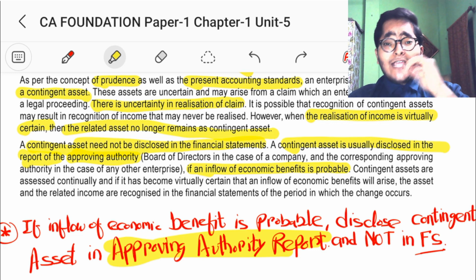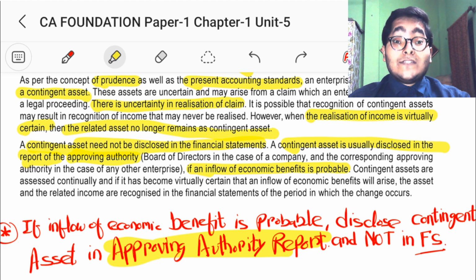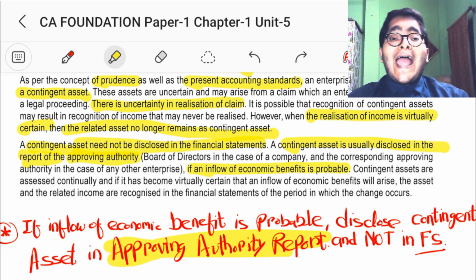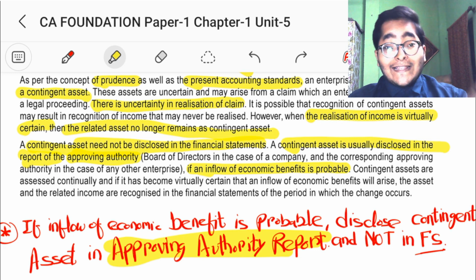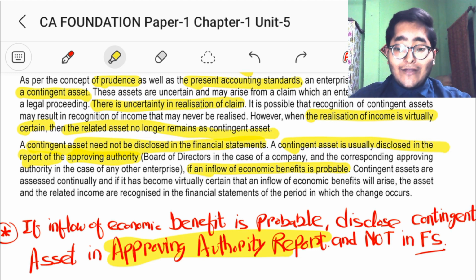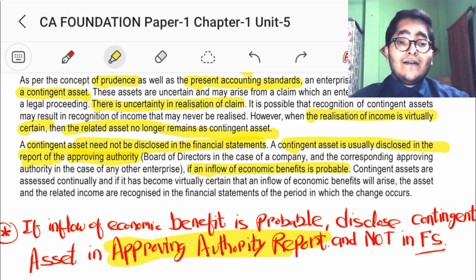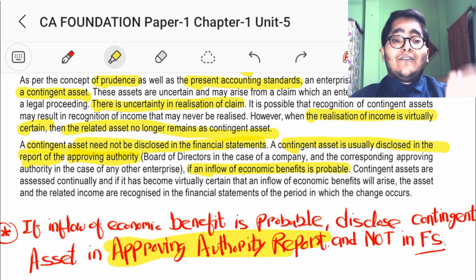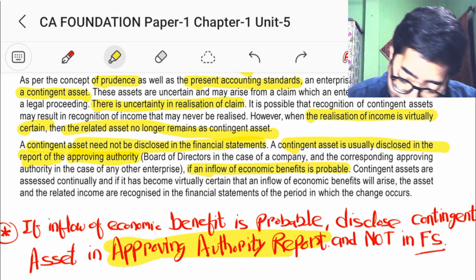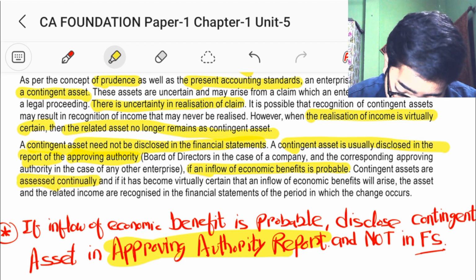If there is a positive probability that an inflow of economic benefit will occur, then in that accounting period itself, the contingent asset is recorded as a proper asset. So contingent assets are assessed continually.